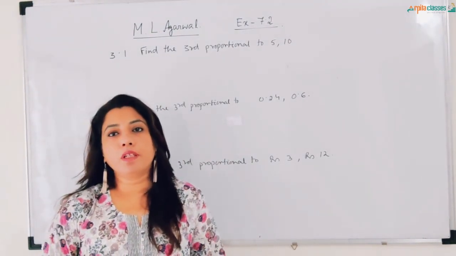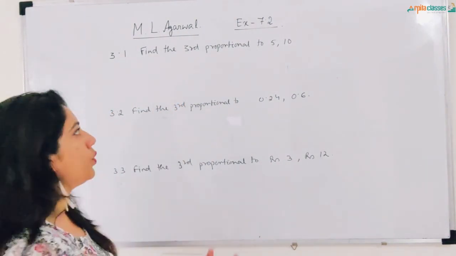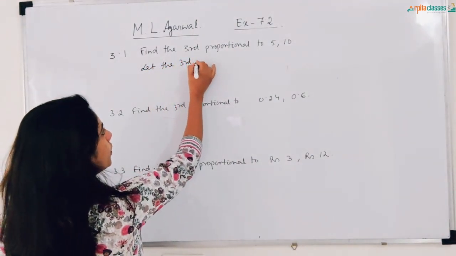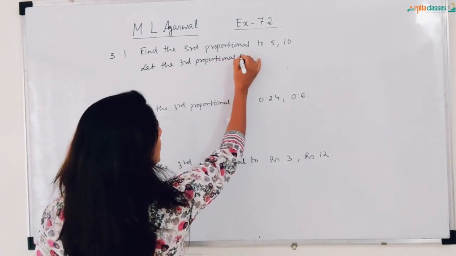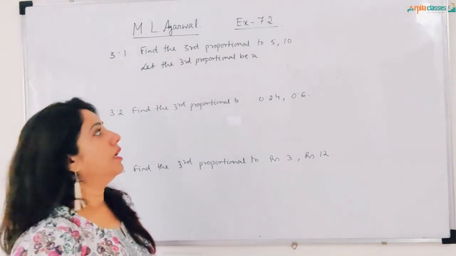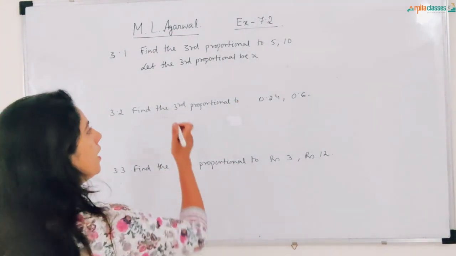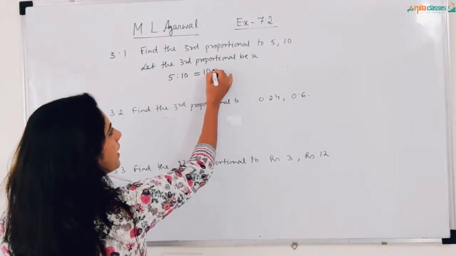Next question is to find out the third proportional. Find the third proportional to 5 and 10. So again we need to consider, let the third proportional be x. Now when you have to find out the third proportional, the second number you have to repeat 2 times. Means what? Now we are going to write it this way, 5 is to 10 is equal to 10 is to x.